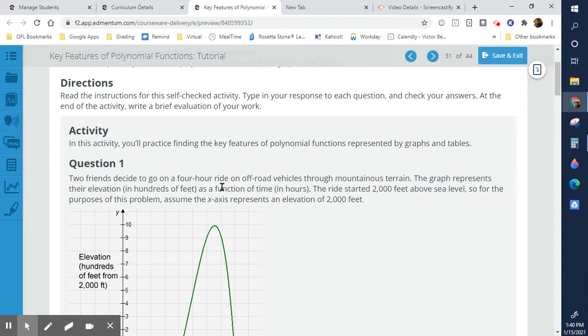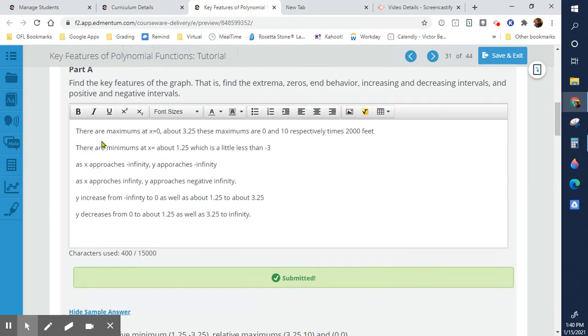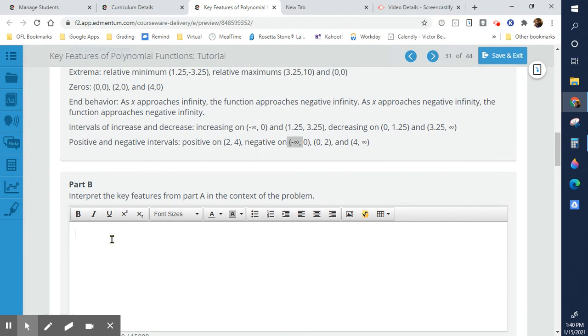Two friends decide to go on a 4-hour road trip off-roading in a vehicle. The graph represents the elevation over terrain. So elevation. Before off-roading, the friends were below sea level.